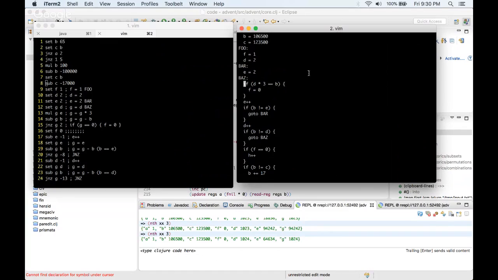All right. So let's talk about, I guess, this block here. So increment E up to the point where it's equal to B, and until that point, okay, hang on a sec.